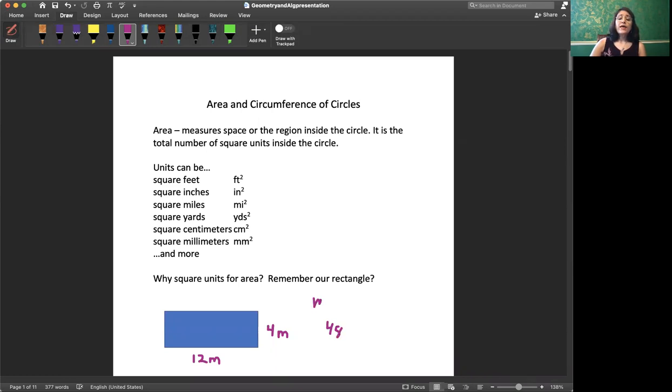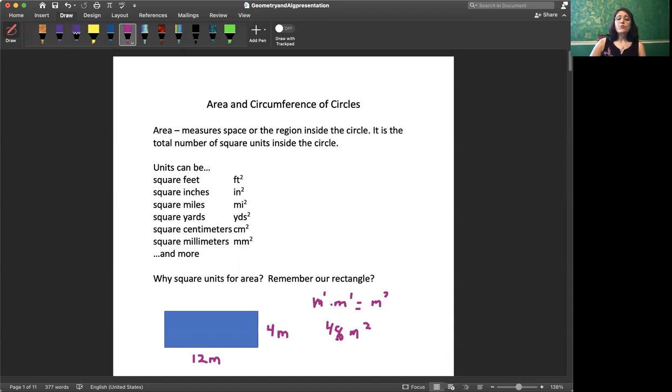We multiply the units and we treat them like they are variables. So remember when we multiply the exponents, what do we do? We add them, right? So we have m squared. So it's going to be 48 meters squared. So there you go. I'm going to make sure you could read that.